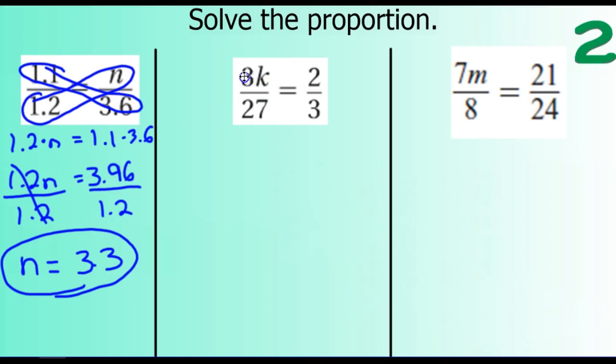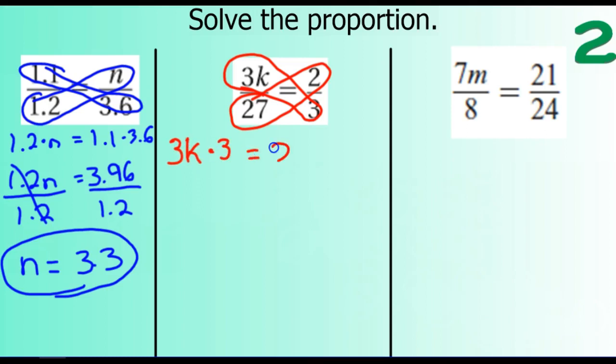Now the same thing here, but look what's different about this. Now we have a number in front of our letter. So we're still going to cross multiply. That's not going to change. But now we have 3k times 3 and 27 times 2.